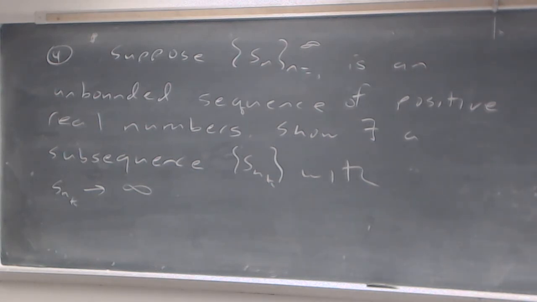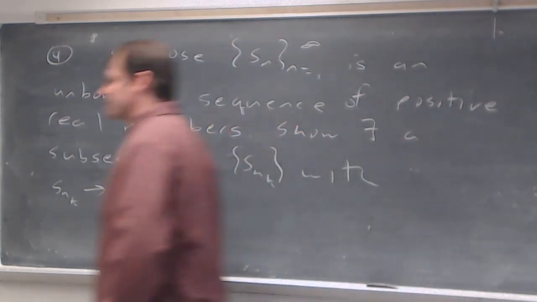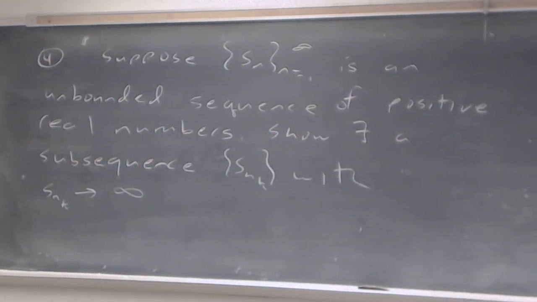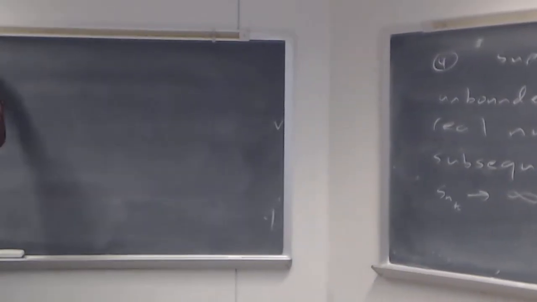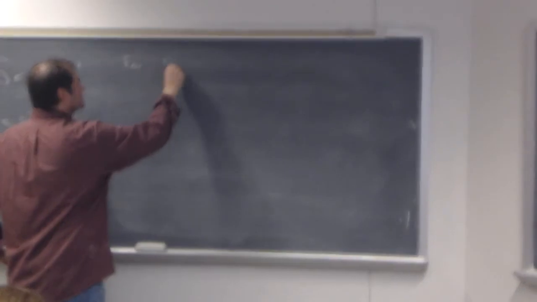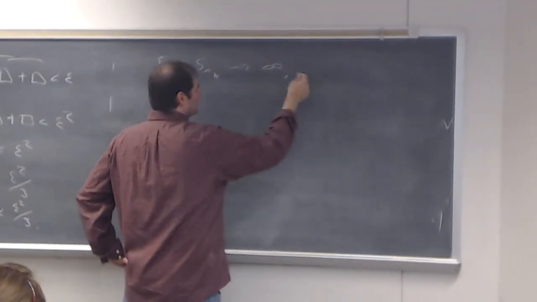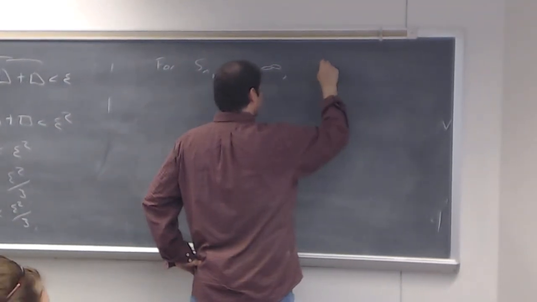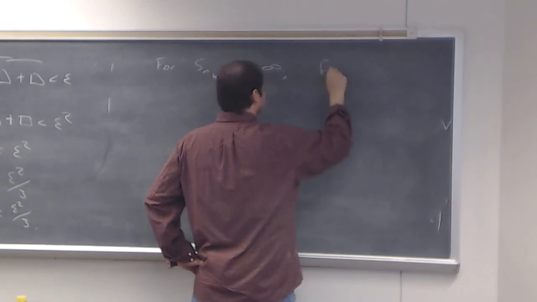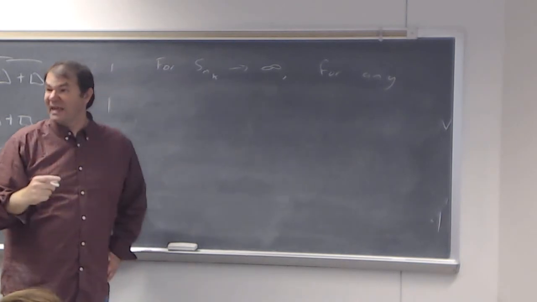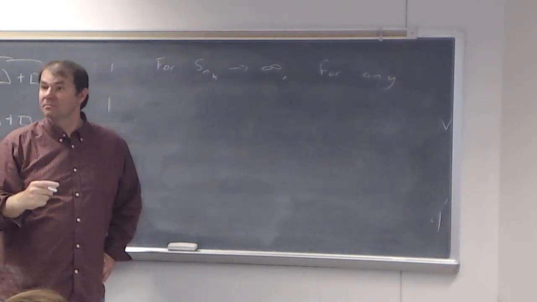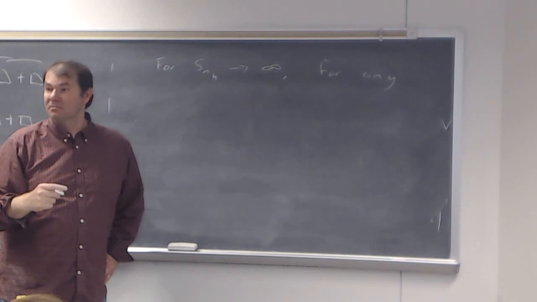All right, so here's what I'm thinking. What does it mean for it to tend to infinity? I'll write down the definition. For S of n sub k to tend to infinity, that means for any, I don't know what symbol I used in the definition, I'm going to say M here.